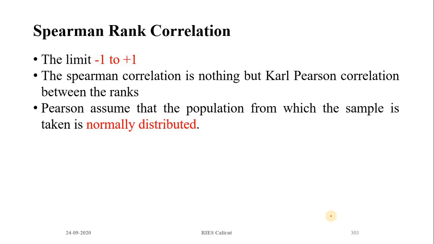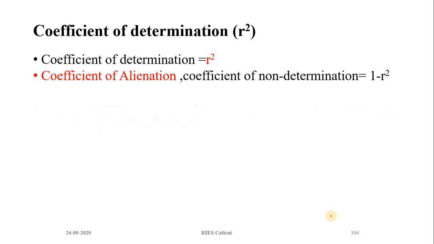Karl Pearson assumes that the population from which the sample is drawn should be normally distributed, for getting the exact correlation coefficient.